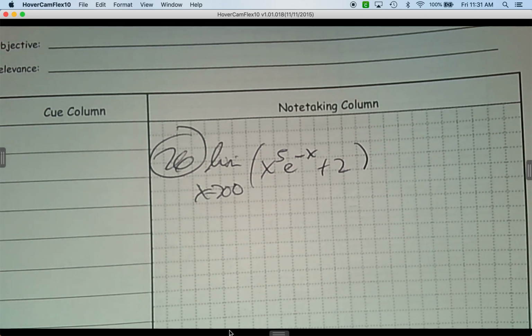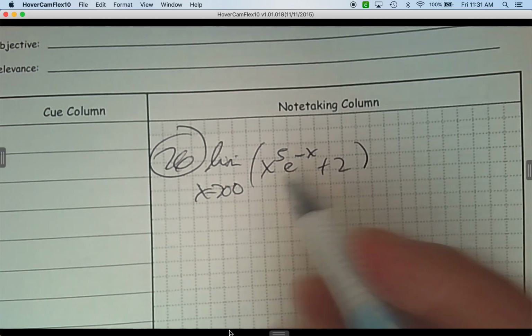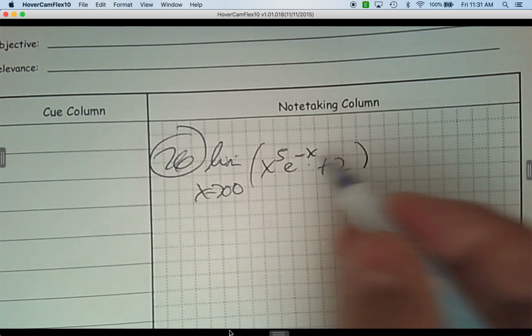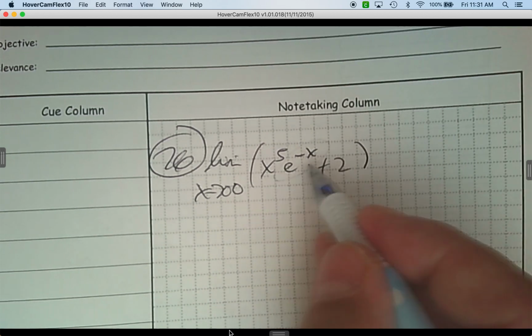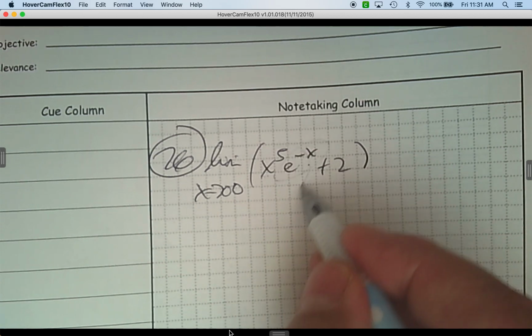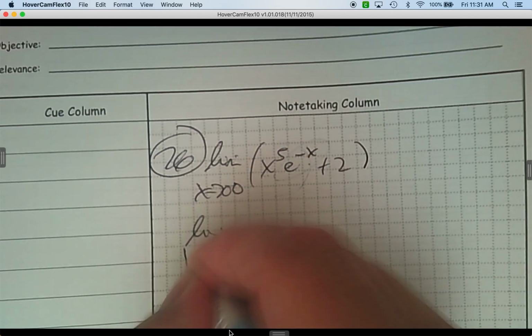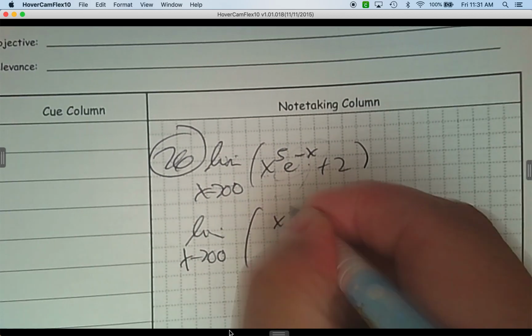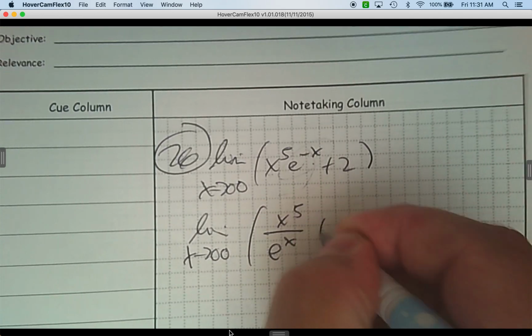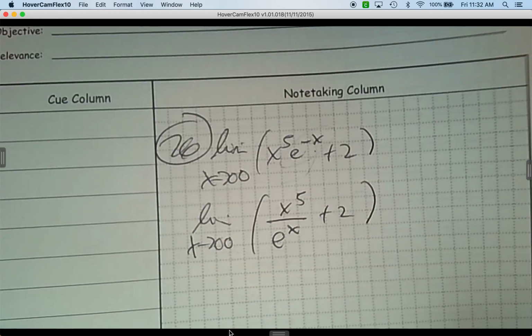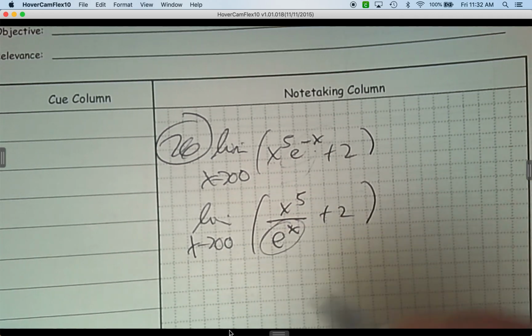In my head, as the numbers get bigger to the right, if I put in 1 billion, this will take over this. The negative exponent means it goes in the denominator. That means the same as x to the 5th over e to the x, plus 2. They're equivalent. And this is going to take over, meaning this is more powerful.